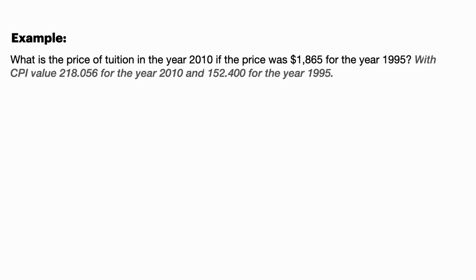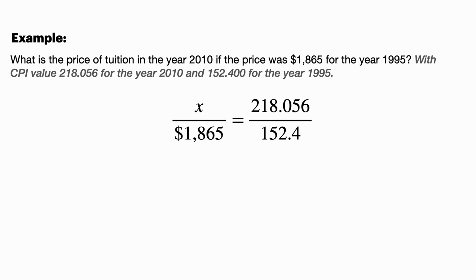So let's set this proportion up and see if we can solve if tuition for college followed exactly with inflation. On the left-hand side, you can see I have my prices. I have my unknown price for 2010 as X. On the bottom, you can see I have the price for tuition in 1995. On the right-hand side is the CPI values with 2010 on top and 1995 on bottom.